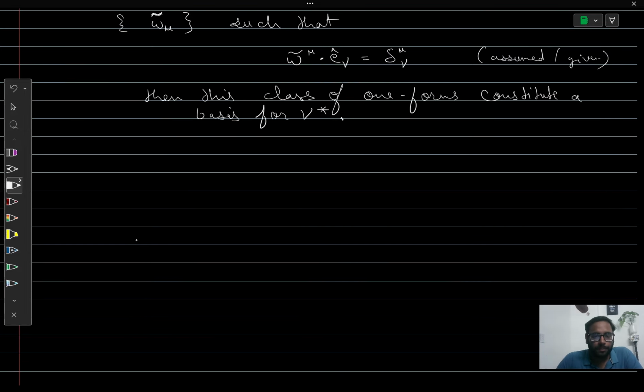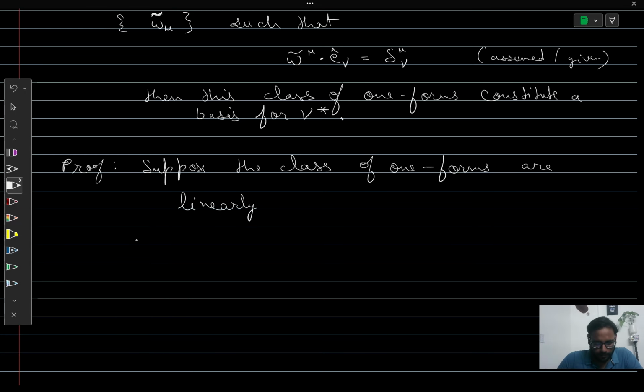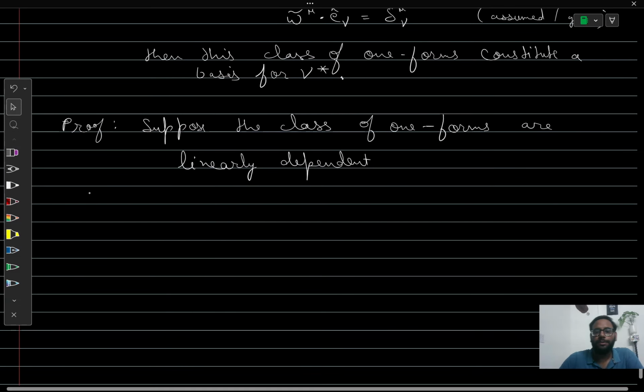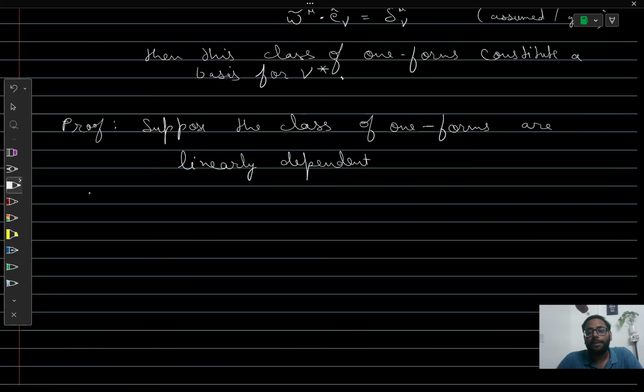Okay, so proof. Suppose the class of one forms are linearly dependent. We just assume a counter situation, that let's firstly take this class of one forms are linearly dependent.